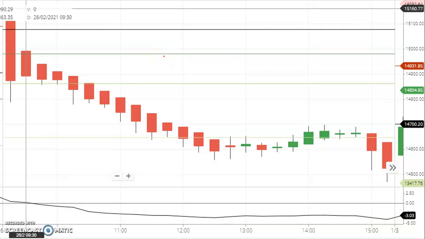Similarly, on the downside, here you can see the ROC 30 period crosses below zero. So this is the signal candle, and when the signal candle's low is broken, that is called the entry candle.